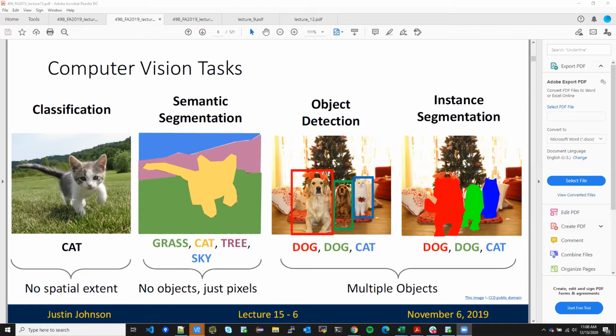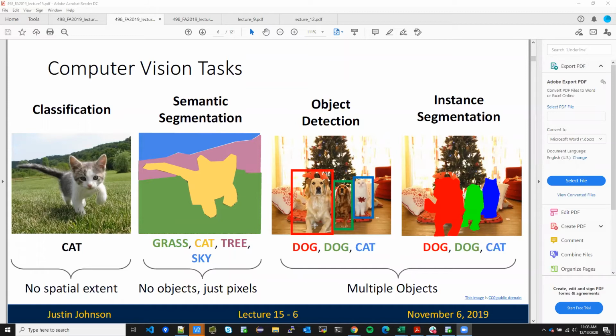So far, classification is like, you have 1,000 ImageNet categories. What class is it? But now what we care about is not only saying what class it is, but where it is in the image. You can think of a number of applications where this is very useful.